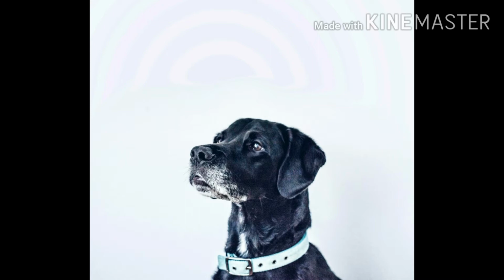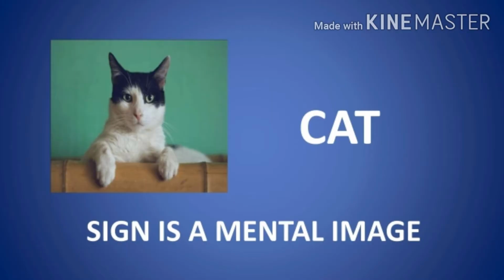Both of them are graphic images, but the fact that both these images give you the same idea means there is an idea in your mind about the real object, which you manifest by these two graphic images. Similarly, this will happen with any picture or word that I show you. Therefore, that idea in your mind about an object is called the sign. So sign is a mental image.